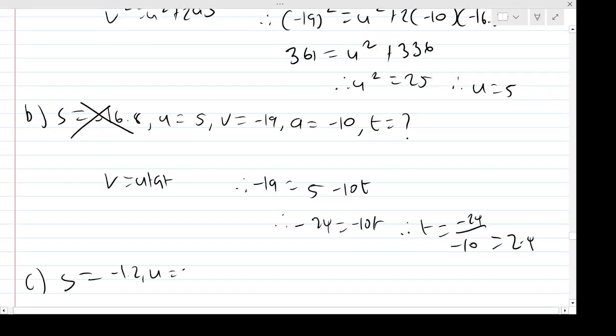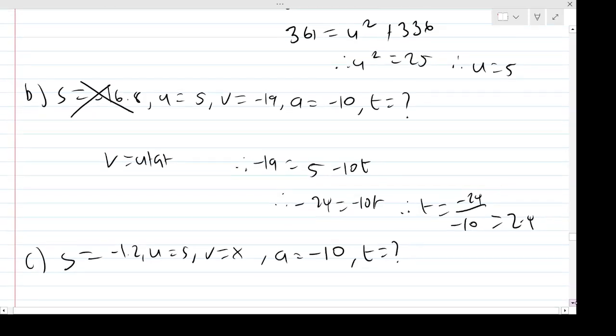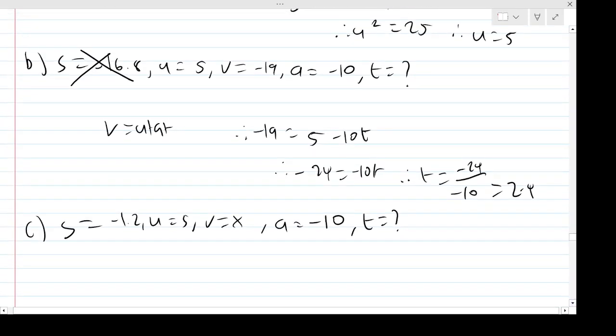Again, u is 5. v, I don't know, and I don't care about it. a is again going to be negative 10, and t is what I do want to work out, the time. So what formula does not include v? Well, it's s equals ut plus a half at squared.